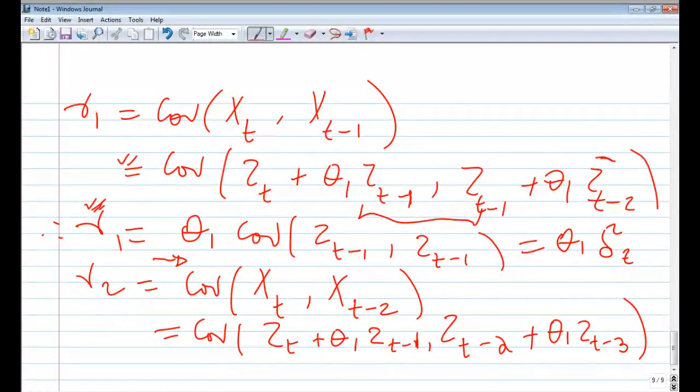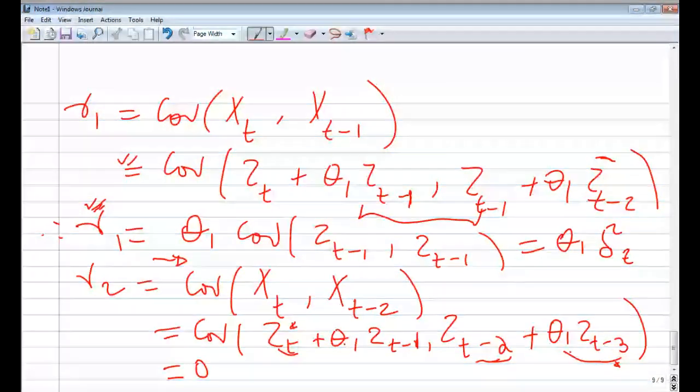So at the end of the day, gamma 2 is going to be equal to 0. So you can combine zt and zt minus 2, or combine zt and theta 1 zt minus 3. Their covariance is 0. You combine theta 1 zt minus 1 and zt minus 2, covariance is 0. You combine theta 1 zt minus 1 and theta 1 zt minus 3, their covariance is 0. So gamma 2 will be equal to 0.